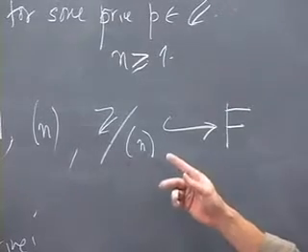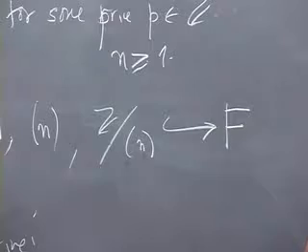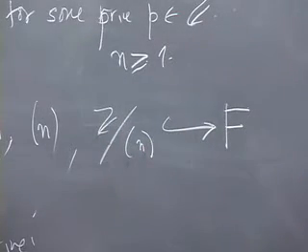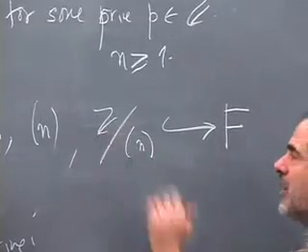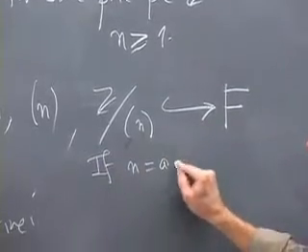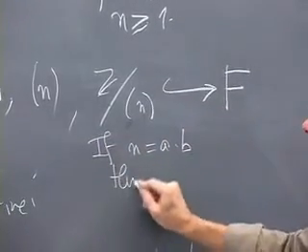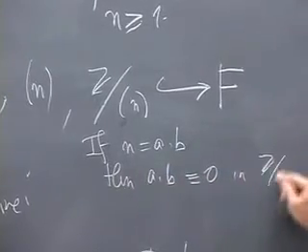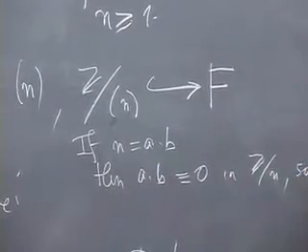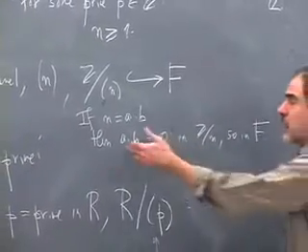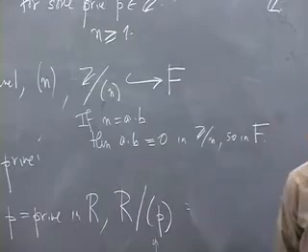But why? That might be okay if it didn't have inverses. I mean, maybe the inverse here is somewhere out in the field. See, it's worse. Good. This ring has zero divisors. If n is not a prime, then a times b is equal to 0 in Z mod n, so in F. And in a field, if you have a product which is 0, one of the elements has to be 0.